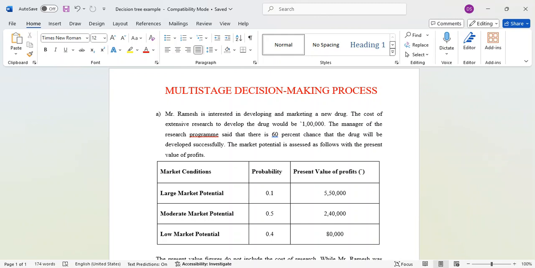Another important factor is that in a one-stage decision making process, two parties come into the picture. One is yourself, the person who is taking the decision, which is called the action. The other is what comes in front of you from different scenarios, which is called the event.